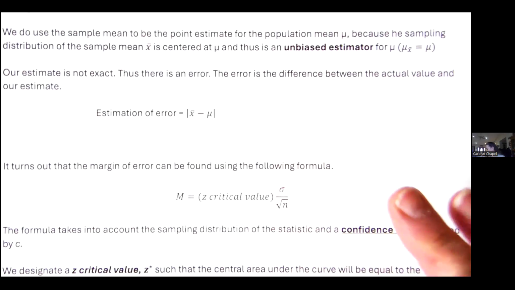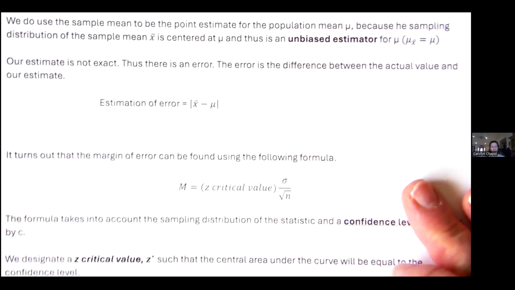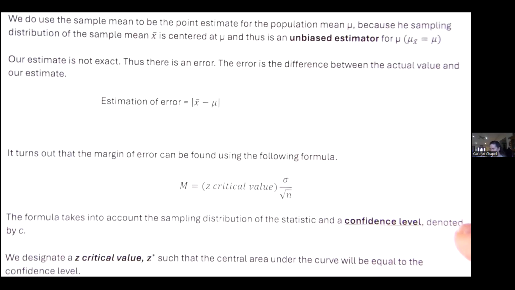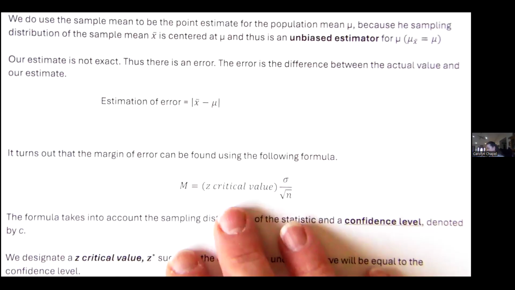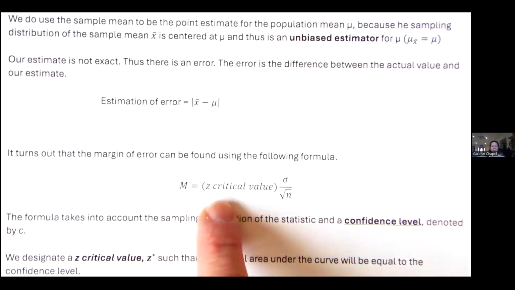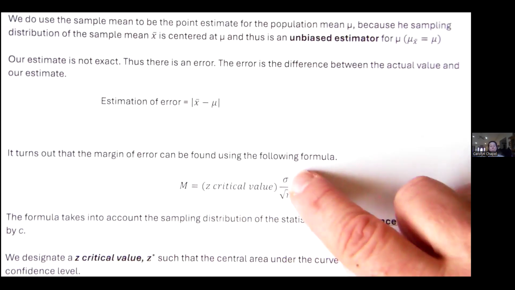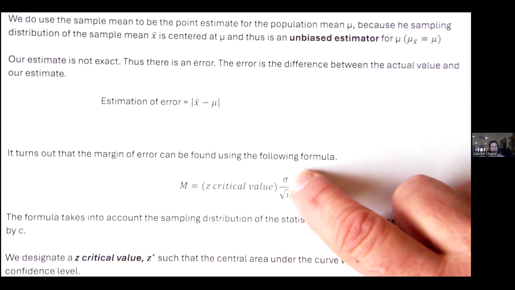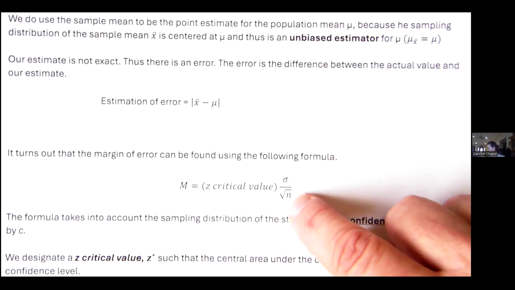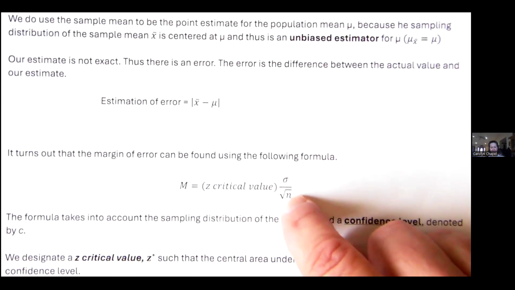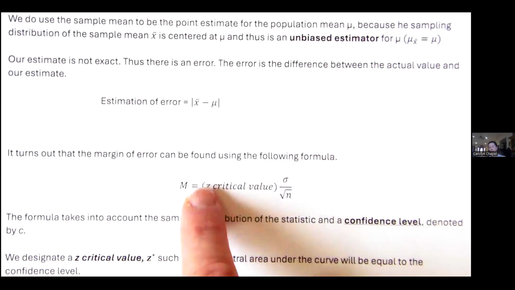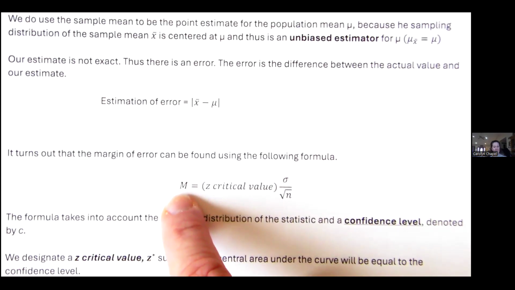If we have X bar and it follows our normal curve, we can have the margin of error being this critical value, we'll talk more about that in a moment, times sigma, which is the standard deviation of our population, divided by the square root of n. And n again is our sample size. And m is going to stand for our margin of error. How off are we going to be?